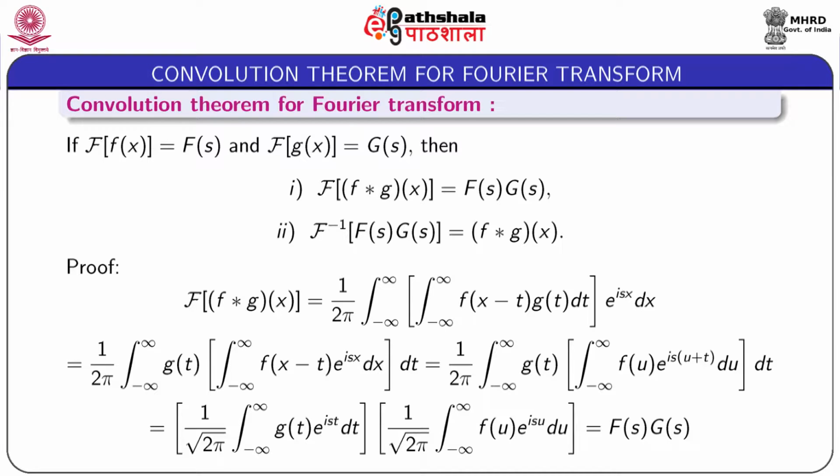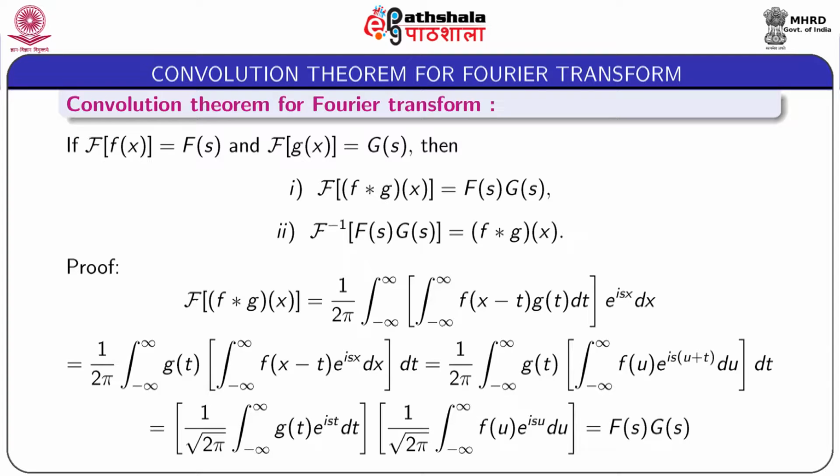If Fourier transform of small f(x) is capital Fs and Fourier transform of small g(x) is capital Gs, then number 1, Fourier transform of f star g, that means Fourier transform of convolution of small f and g, is equal to product of capital Fs and capital Gs.